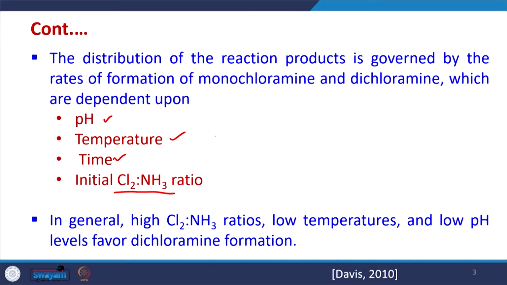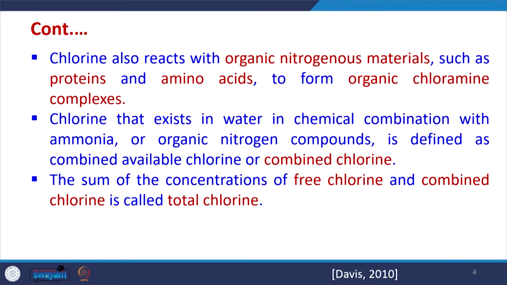In general, high chlorine to ammonia ratios, lower temperature and low pH will favor more dichloramine formation. This is the general chemistry. We will not go into the detail of this chemistry, but this is for understanding.